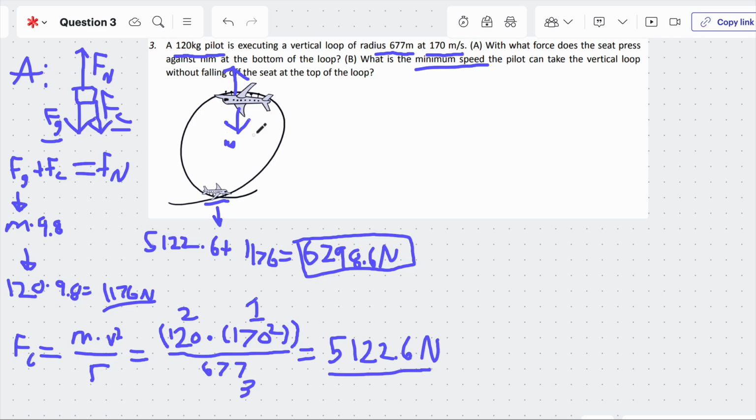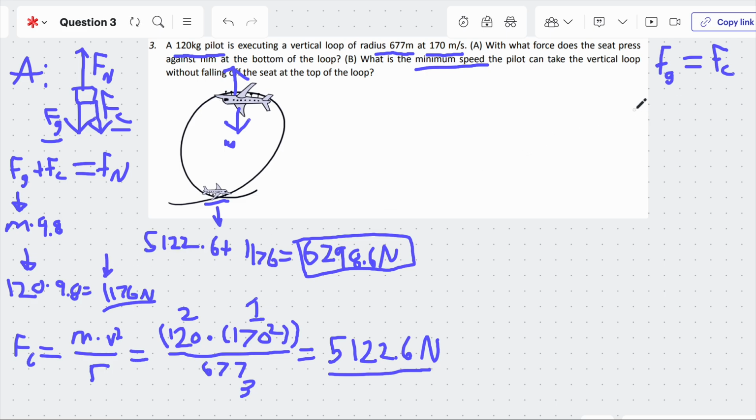So it's saying the minimum speed he can take the loop without falling off the seat. That is going to be when gravity and centripetal force are exactly equal, which means there will be no normal force. So if you were in this plane, you would feel weightless, like nothing is pulling on you at just that one point. So we want to figure out where force of gravity equals centripetal force. Luckily, force of gravity is going to be the same in this equation, which we found right over here.